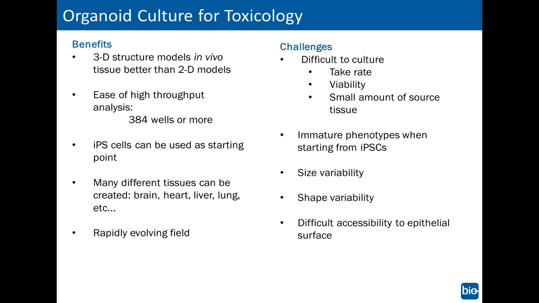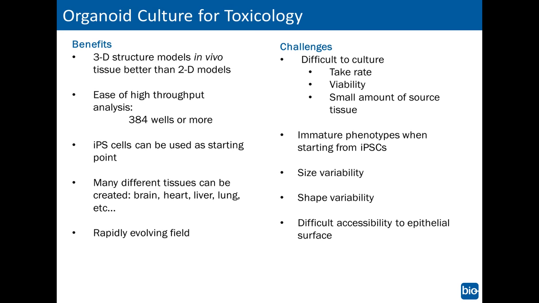The challenges from the organoid field are the difficulty in culturing. So some organoids are easier, such as mouse intestinal organoids are considered relatively easy to culture as compared to other organoids from, for example, human colon organoids are a little bit more difficult. So this is something to consider.